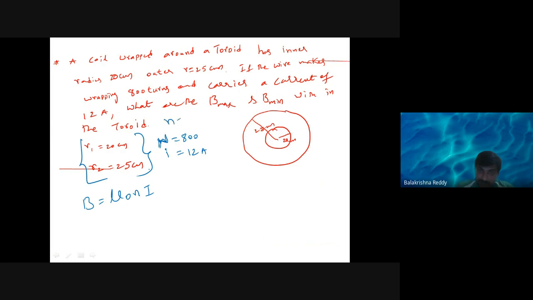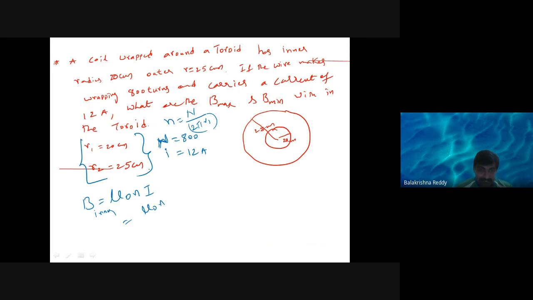I told you n equals the number of turns per unit length, that is 2 pi R, since it is the circumference. For example, for the inner radius, I can write mu naught and n in place.